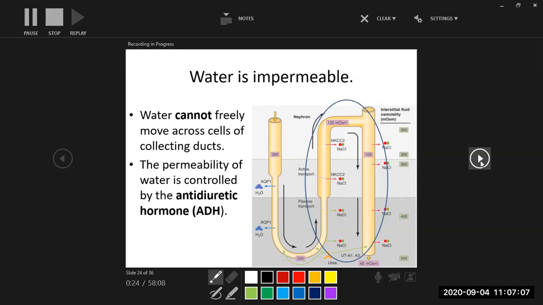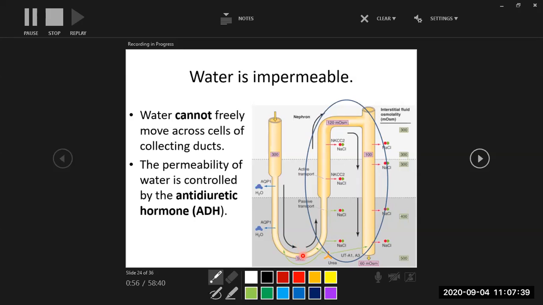So water reabsorption, as we mentioned earlier, about 2/3 of the water is reabsorbed in the proximal convoluted tubule, and then water flows to the loop of Henle and gets reabsorbed a lot because the environment is so salty. You can see that the environment has high osmolarity in the medulla.